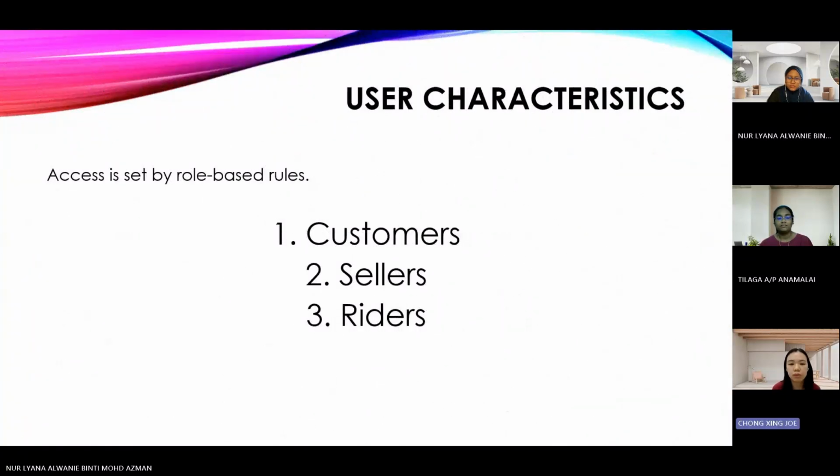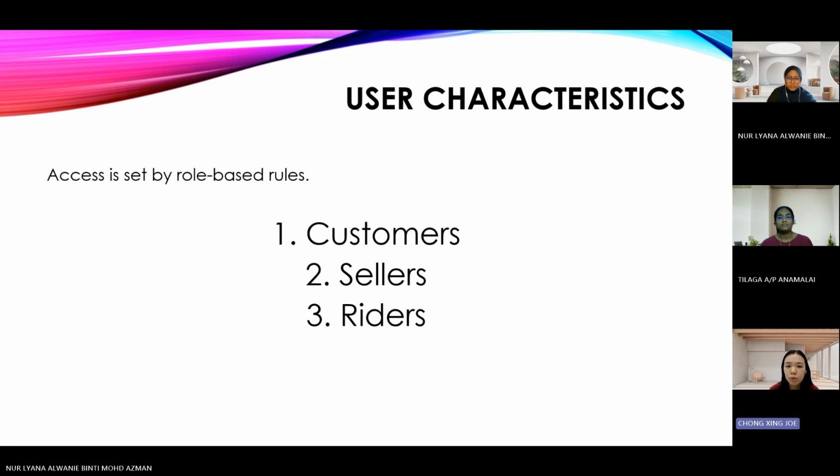Okay, now I will talk about user characteristics. For our GoMakan system, there are only three, the same types as presented just now. The first is the customer, the second is the seller, and the third is the rider. Now I will talk about the customer.